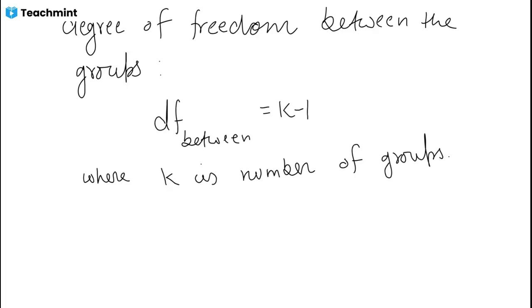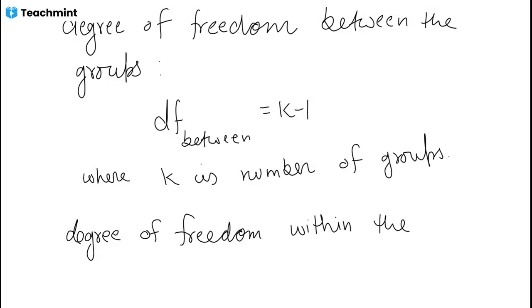And degree of freedom within the groups, we use the symbol df within, is equal to n minus k.